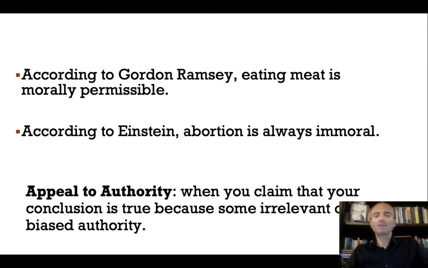So with any argument that relies on some authority, you always have to ask yourself whether the authority is biased or the authority is relevant. Otherwise, it might be a fallacious argument.